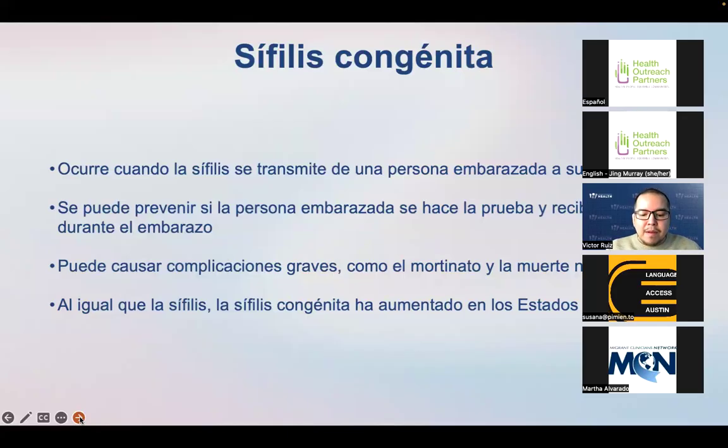Babies born with congenital syphilis can have deformed bones, an enlarged liver and spleen, jaundice, and brain and nerve problems such as blindness or death, and many other complications.